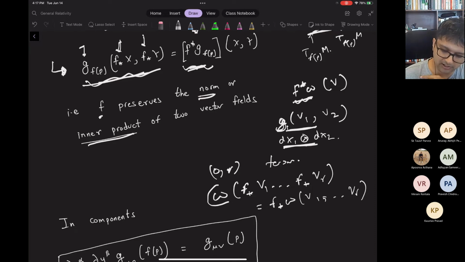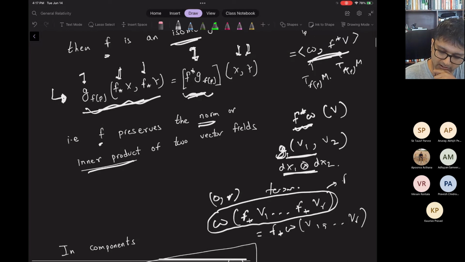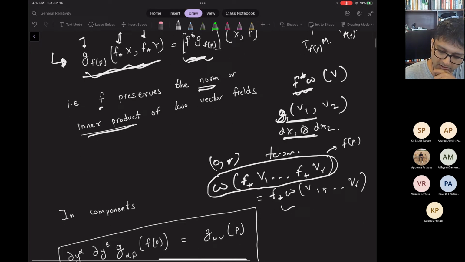This is an inner product at f of p, and this you can think of as an inner product at the original point p.